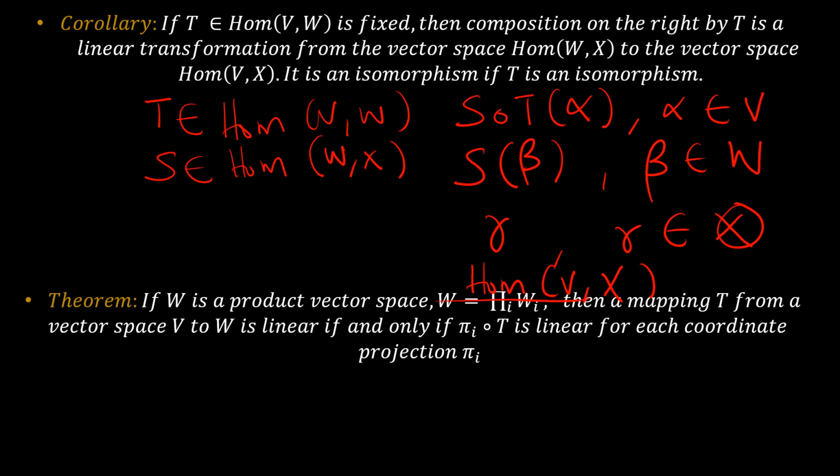So this is straightforward. What pi i is, is the evaluation at the coordinate i, and sometimes we would say pi i composed with T, or the composition of pi i and T, is Ti. So that's pretty straightforward.